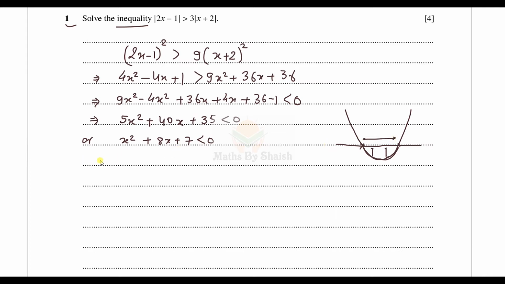So first of all we require the roots, and for the roots we can factorize it. 7 into 1 is 7, and 7 plus 1 is 8, so we can directly write it as (x plus 7) into (x plus 1) less than 0. So you got roots as minus 7 and minus 1. So the set of values for x is more than minus 7 and less than minus 1.